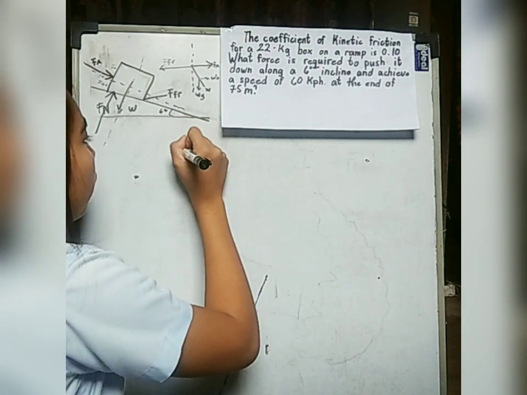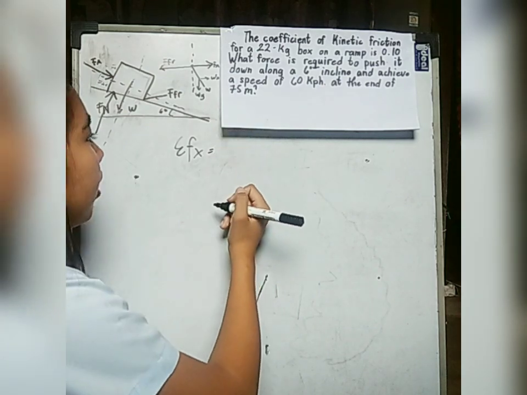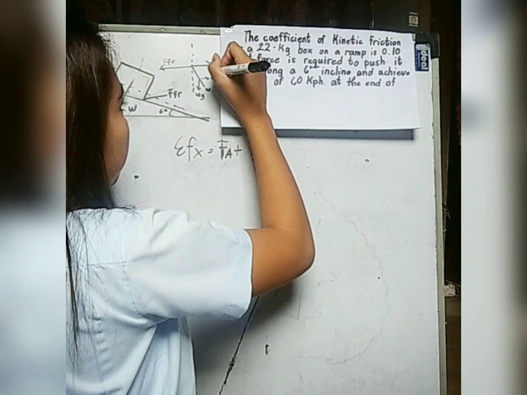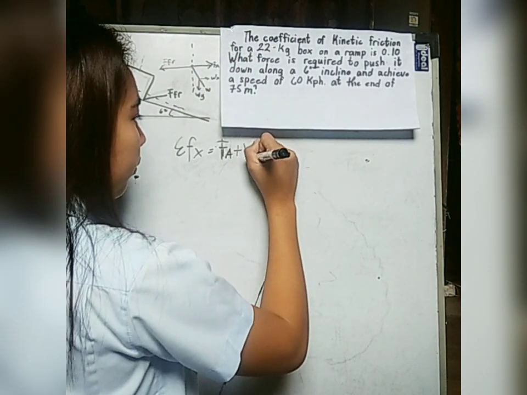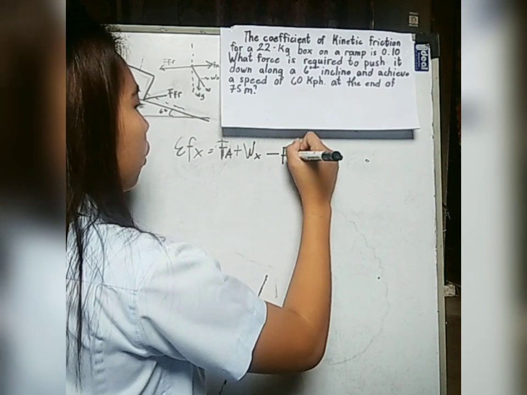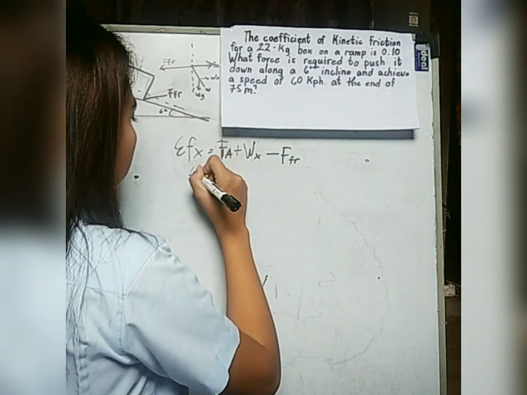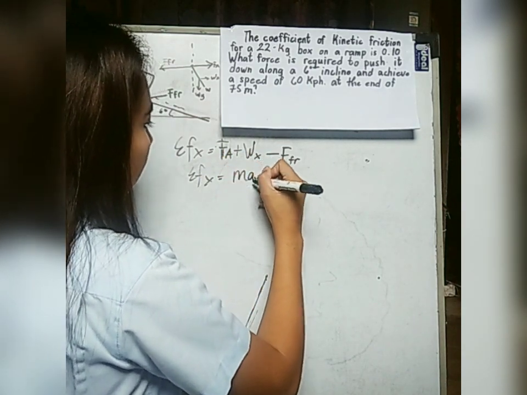So, summation of forces that act on the box is equals to force applied plus, meron tayong WX dito, weight X, minus friction. So, summation of Fx is equals to MAX.